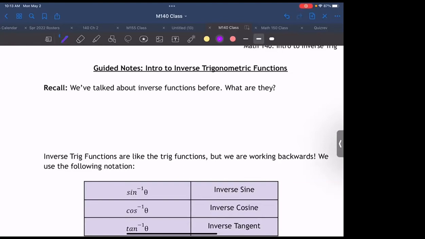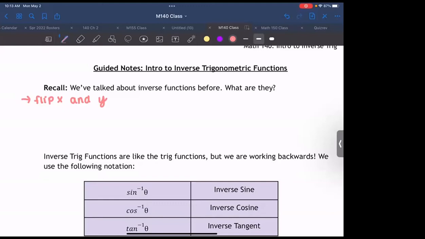Yeah, we found them by flipping the x and y. Flip x and y. Anything else about inverse functions? How could we tell if something had an inverse? Yeah, like a graph.